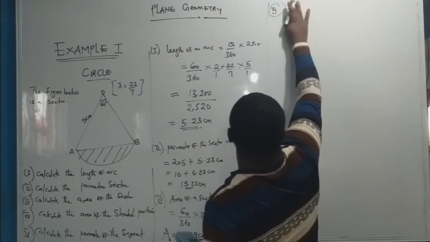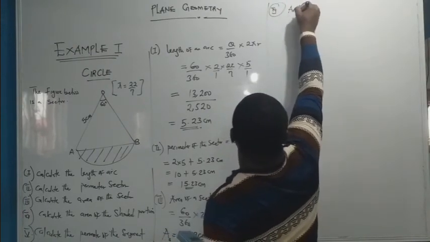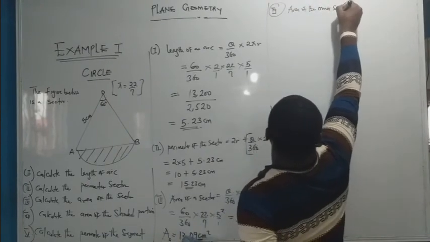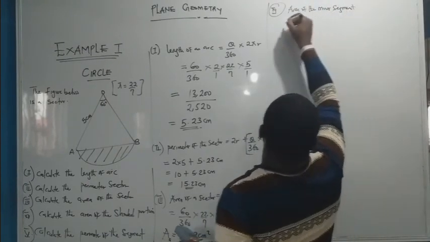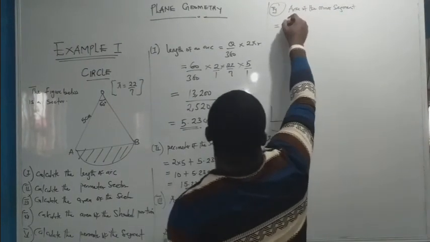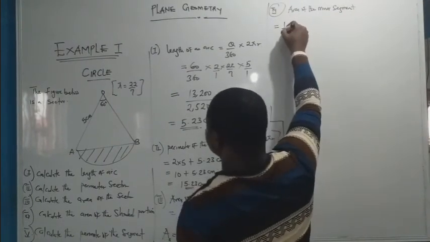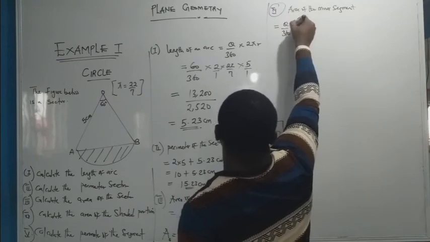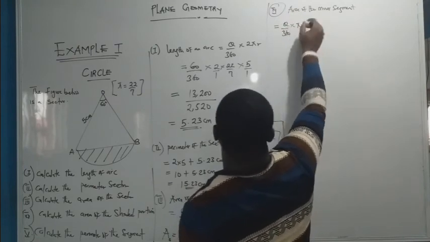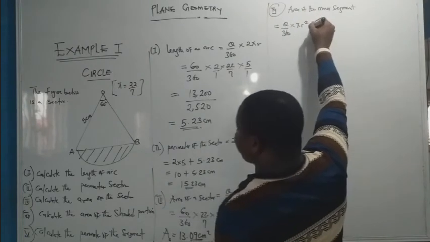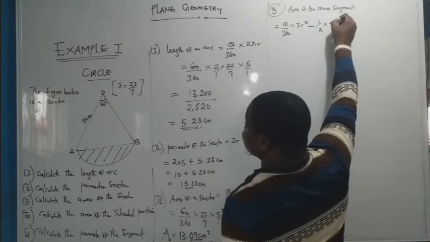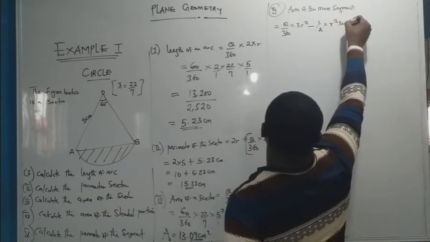Area of the minor segment is equal to theta over 360 times pi r squared, the area of the sector, minus the area of the triangle, 1/2 times r squared sine theta.